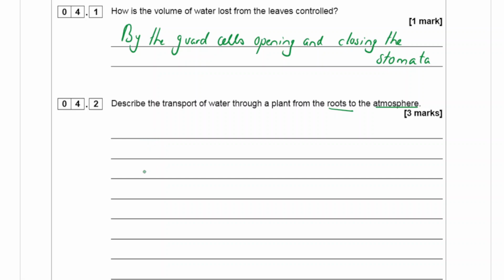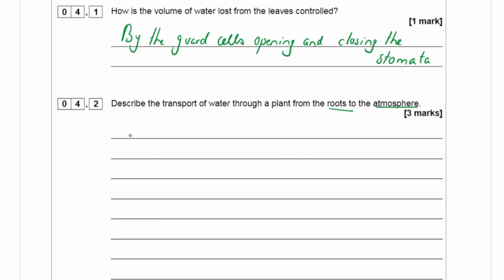And from the xylem vessels, it moves up through the plant and passes out of the stomata, and it evaporates from the leaf, or you could say it is done by simple diffusion. It diffuses from the leaves to the outside air.